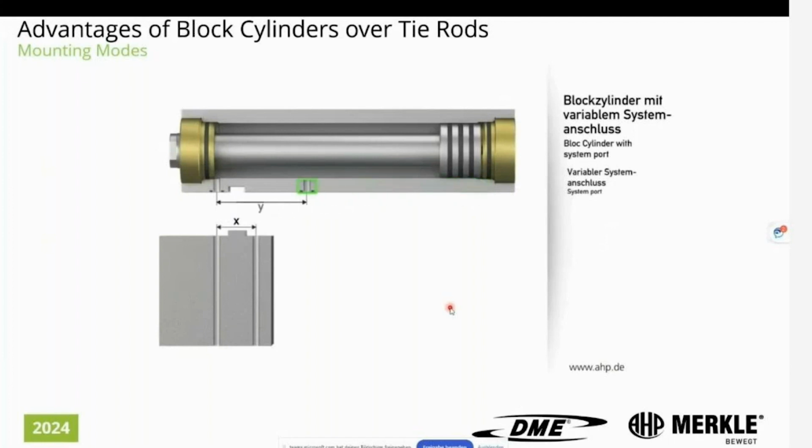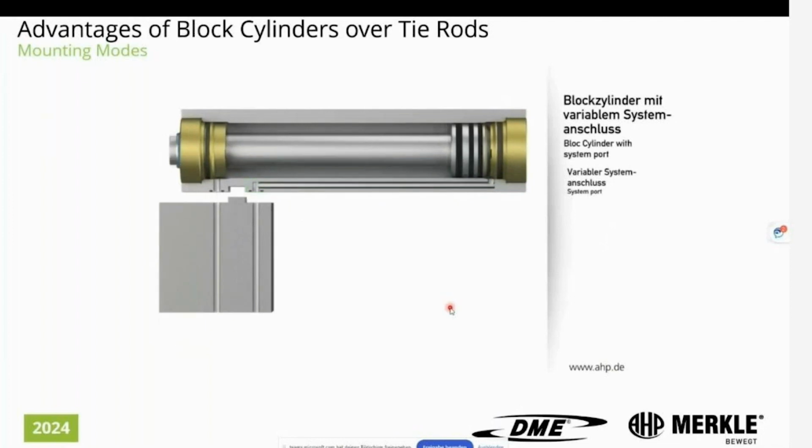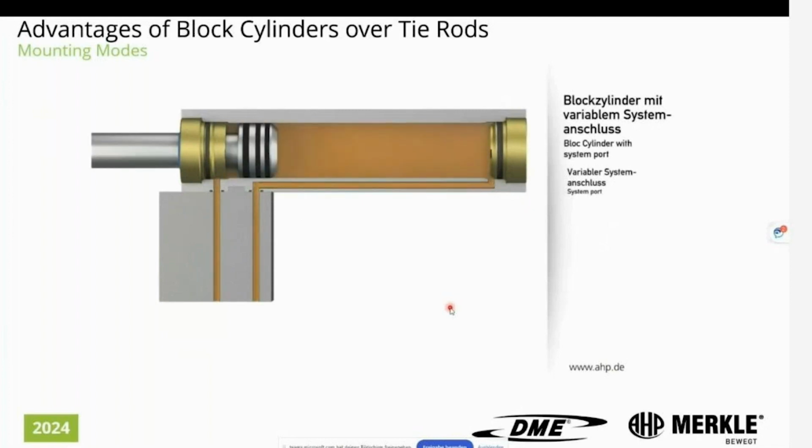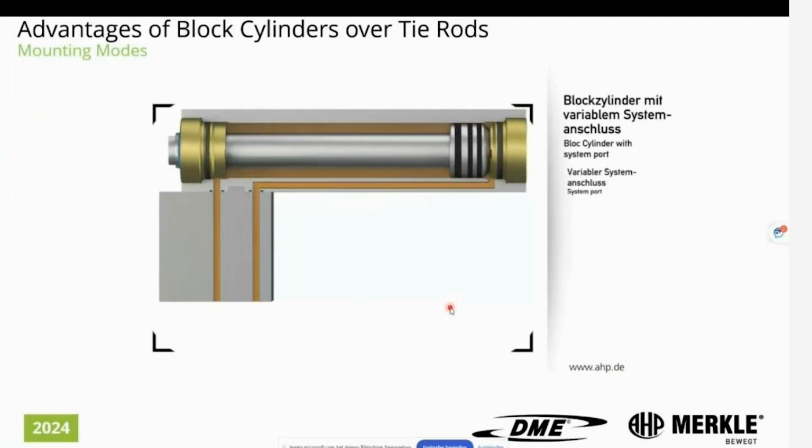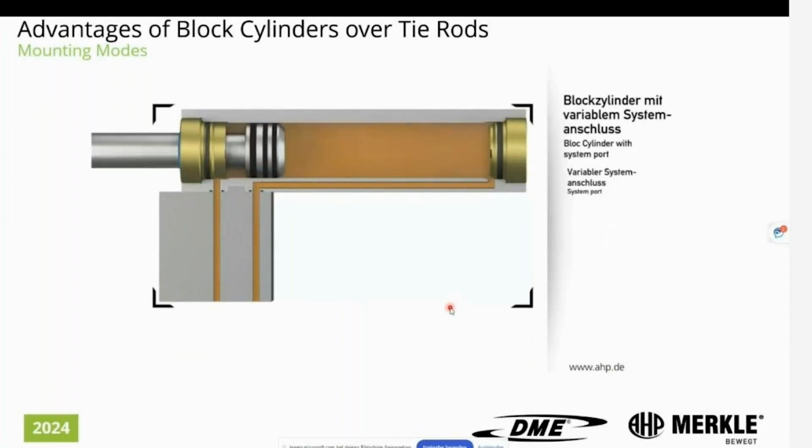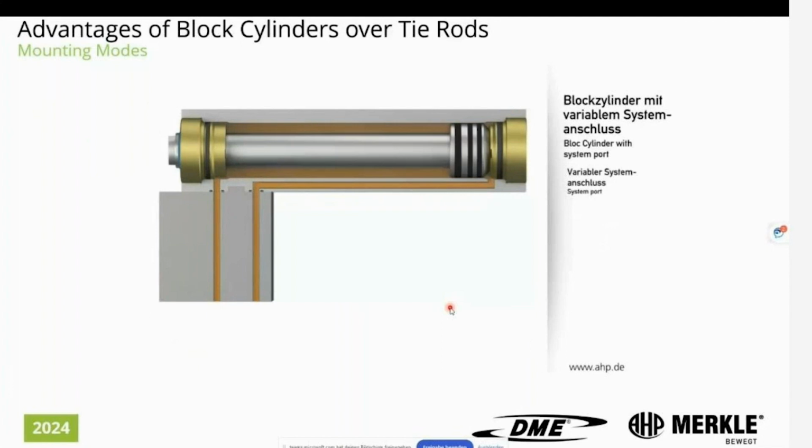You can put wherever you would like the inlet and outlet, and this way we can avoid the intermediate plate, and we can feed our cylinder through the mold base itself.